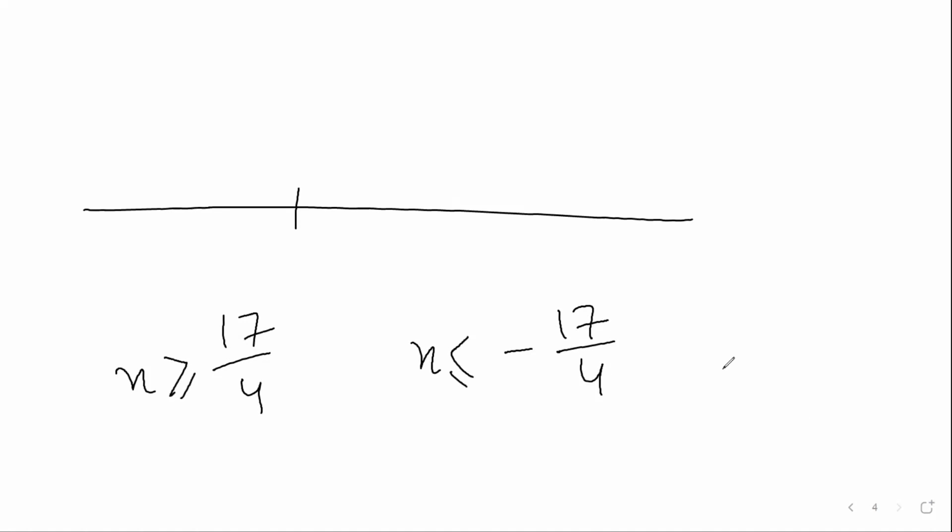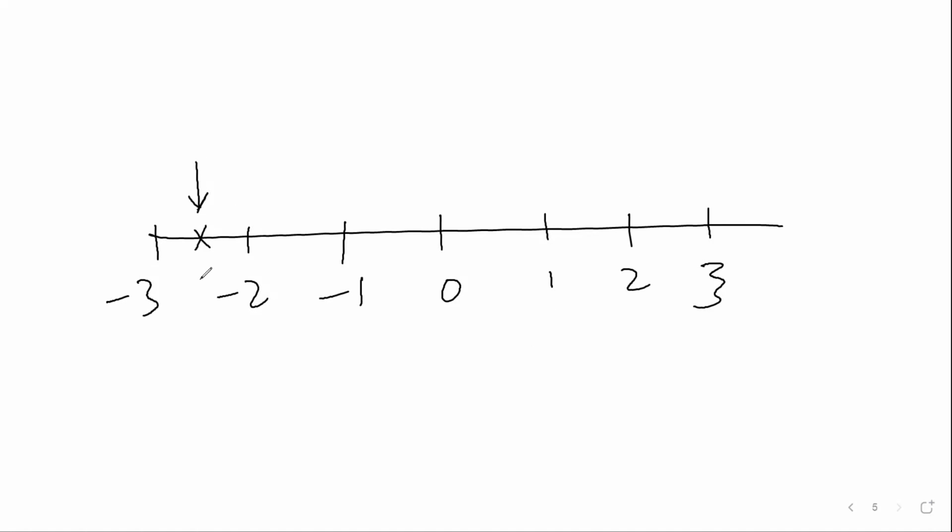So it is always important to understand, and I'll repeat that in the number line, this is 0, this is 1, this is 2, this is 3, this is minus 1, this is minus 2, this is minus 3. Please remember, let us assume that this is minus 2.5. Is it correct? Yes. So x greater than minus 2.5 would be on the left side or the right side? The right side.